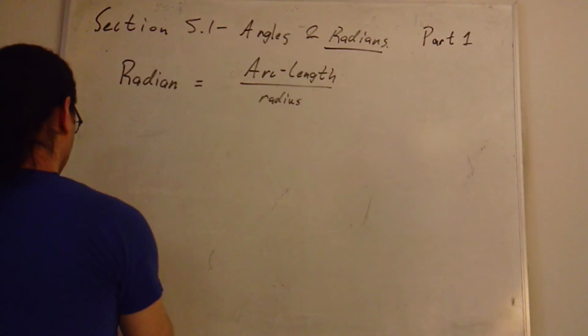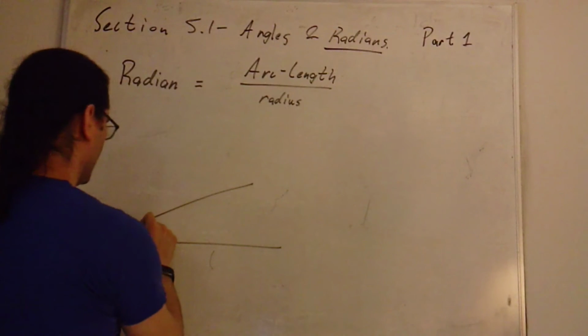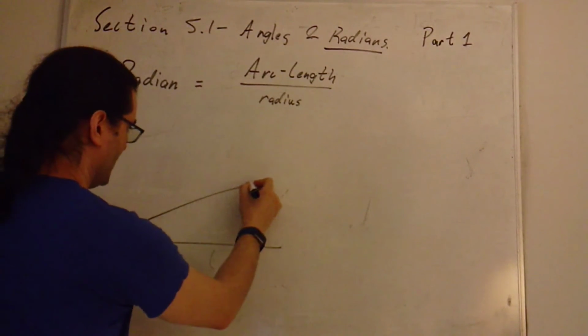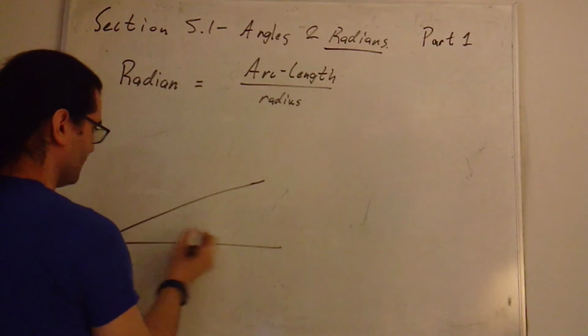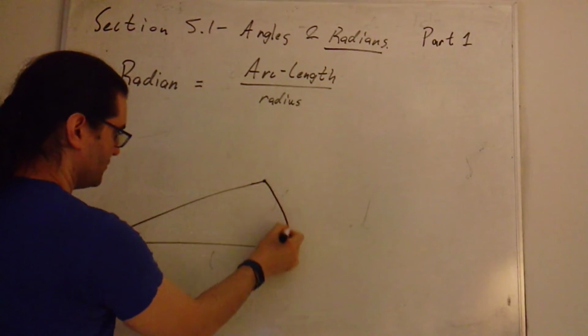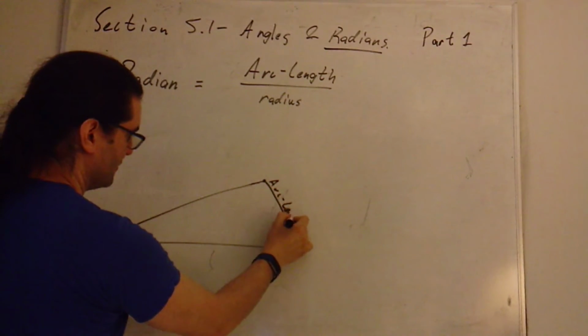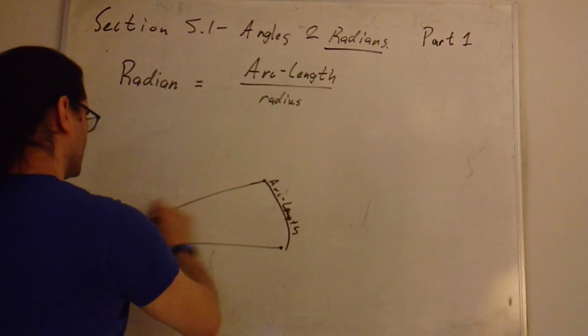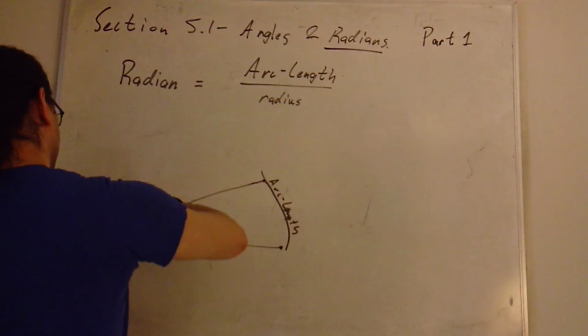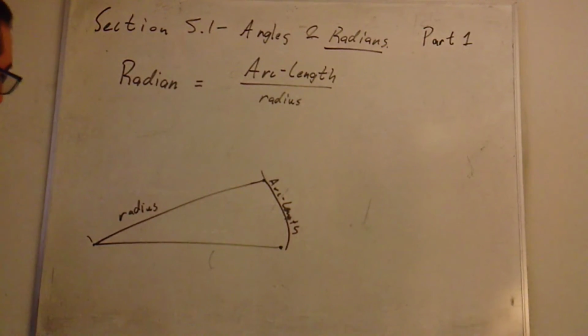So if we look at our small angle with a big lines thing we were looking at before, if you want to mark it here and look at the arc length between those things, this distance would be the arc length, and this whole distance from here to here would be the radius. And if you look at that ratio, you'll get an angle as measured in radians.